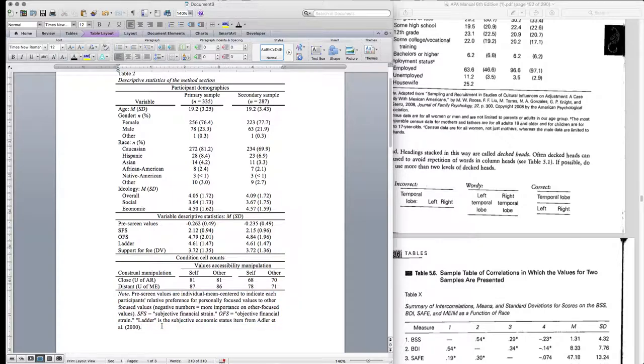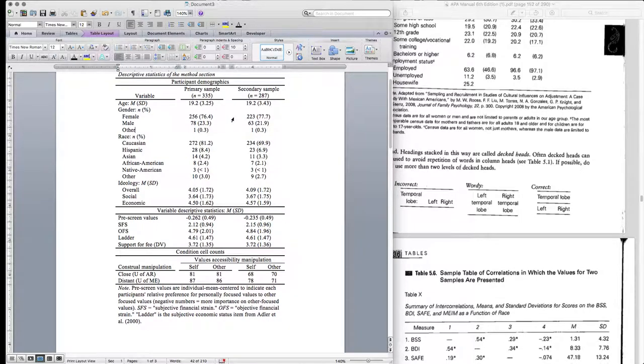Your general notes: anything that's not common, if you abbreviate anything, that's something that you annotate down in your general note. Things like M and SD, obviously you don't need to say what common statistical abbreviations mean.